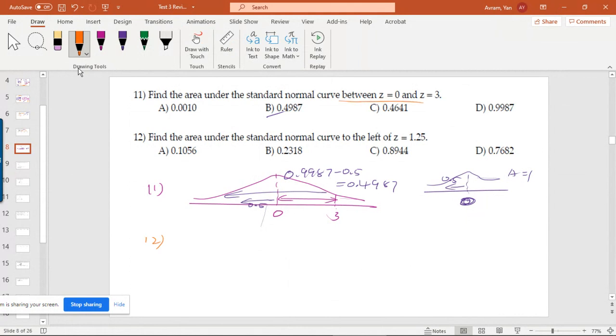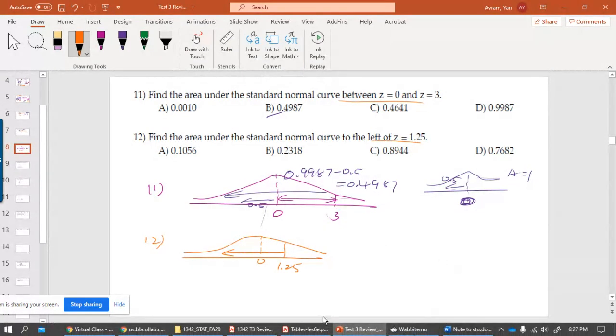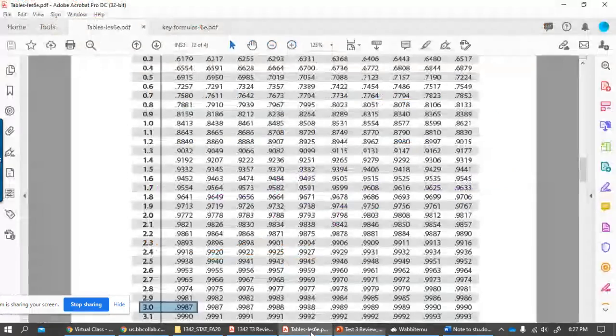Number 12 is under the curve to the left, area to the left, and the Z-score is 1.25. 1.25 is positive, and you want to find the area to the left. So this will be the entire area to the left in here. This is just reading the Z-score 1.25 because the table corresponds to area to the left.